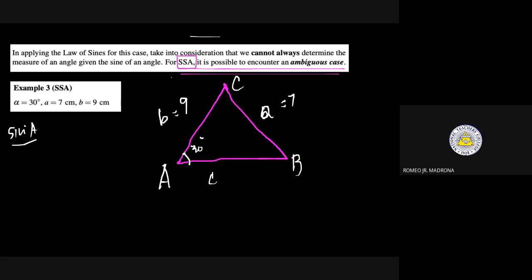So, sine A over a is equal to sine B over b is equal to sine C over c. Plug in agad tayo, class, sa formula. Hindi muna natin to ina-analyze, okay? So, angle A is 30 degrees, sine 30 over a, 7 ba to? 7 pala to. Sige, erase ko na para hindi masyadong magulo.